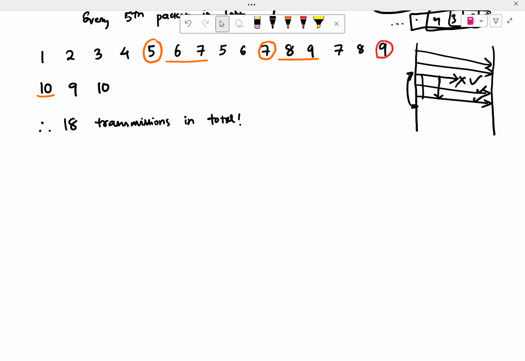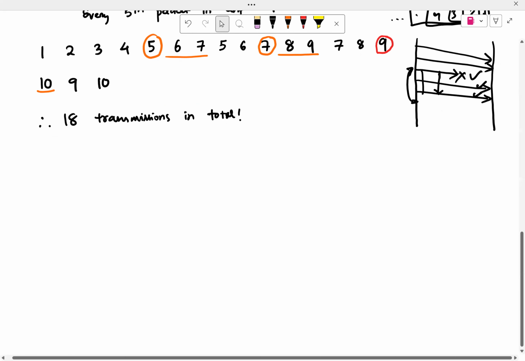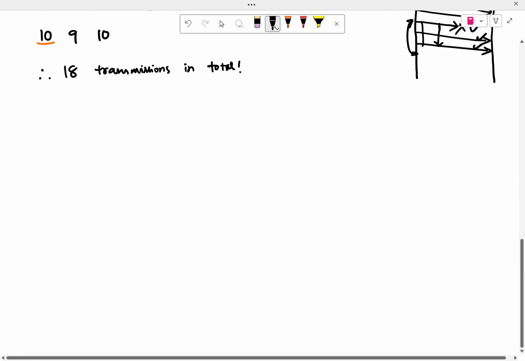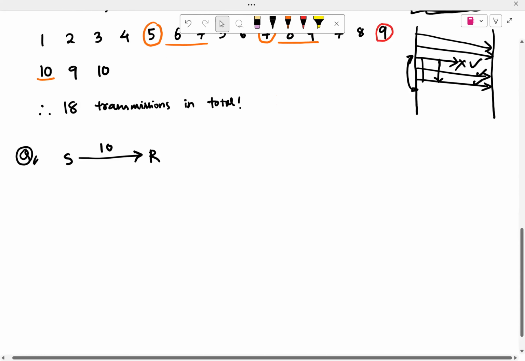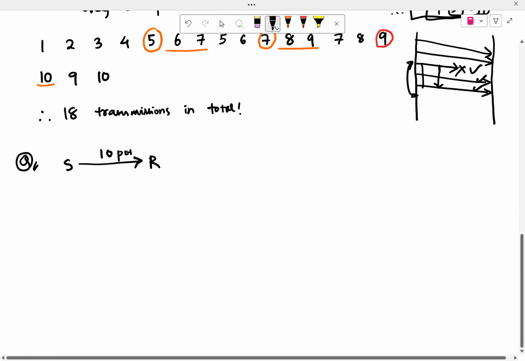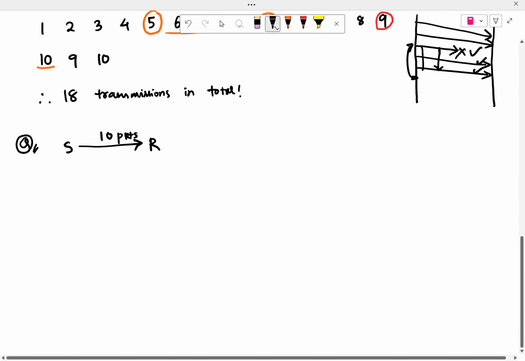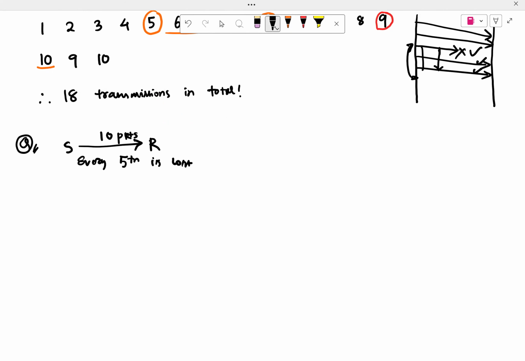So we'll solve the last question quickly in this format. Last question: the sender sends 10 packets to the receiver, and every fifth packet is lost.